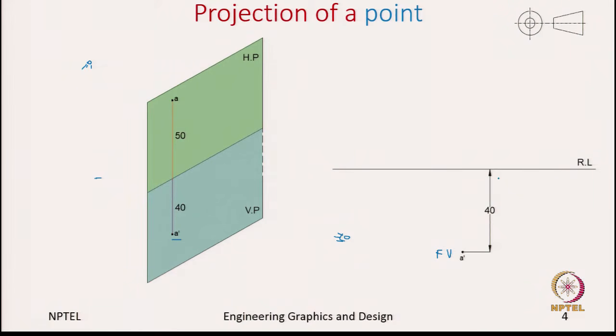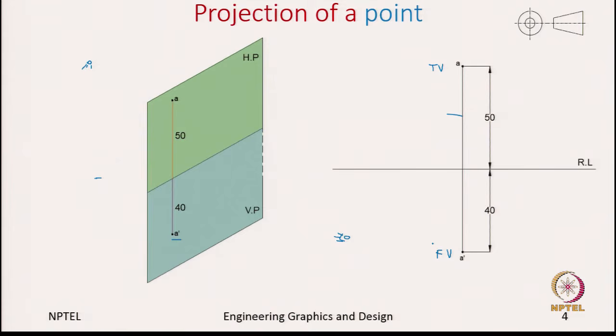Now, we use a projector, a vertical line which is perpendicular to the reference line, and then note the top view. This previously we called the projector line or the construction line. This connects the corresponding points in the top view and the front view.